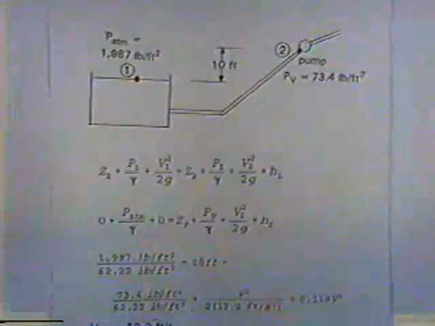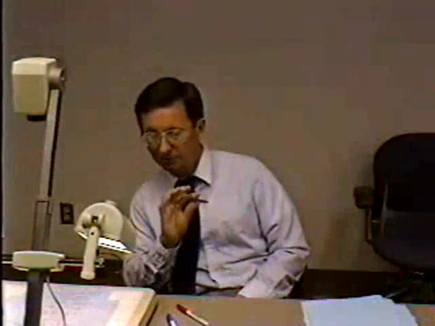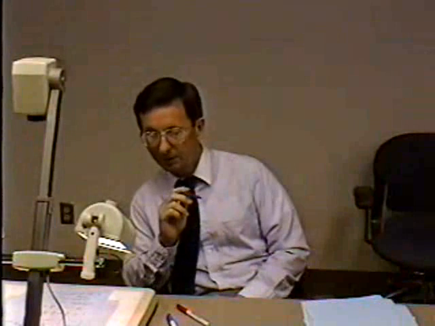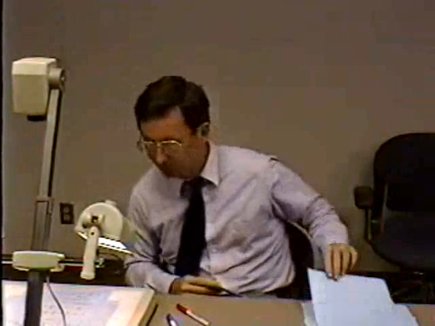So we write the energy equation again between point 1 and point 2. And so the pressure, we're not using gauge pressure. On almost all of our applications we use gauge pressure, and this is an example of when it's more convenient to use atmospheric pressure. And so the atmospheric pressure is 1,987 pounds per square foot.